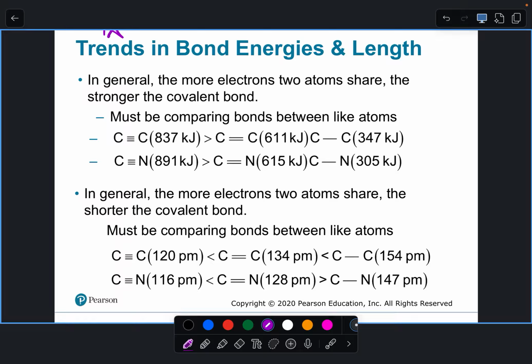And then strength, you can see it gets the kilojoules. It means how much energy, that's why the previous 2 slides are talking about how much energy to break apart those atoms, okay? So single bonds are weaker, and as you get more bonds, it's stronger. And remember, the term we use for this is bond order. So 1, 2, and 3, or if it's something that has resonance structures, then it might be not a whole number.